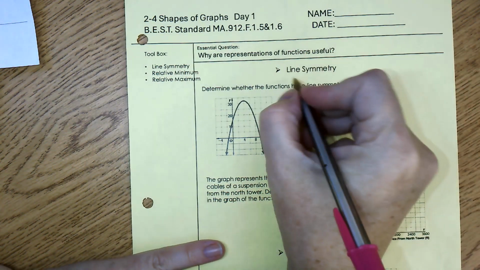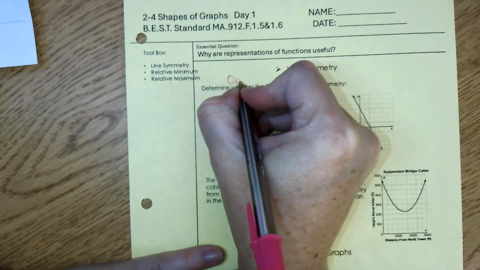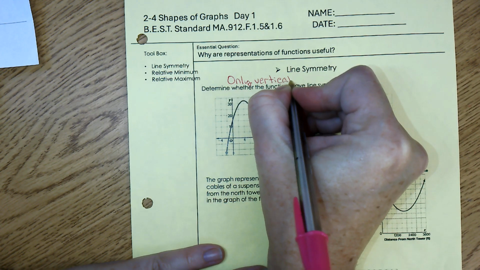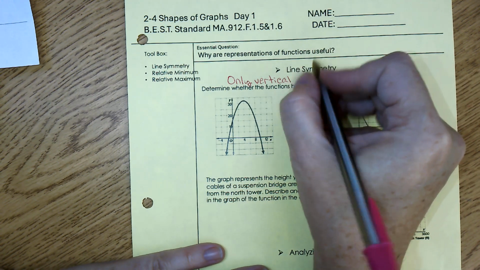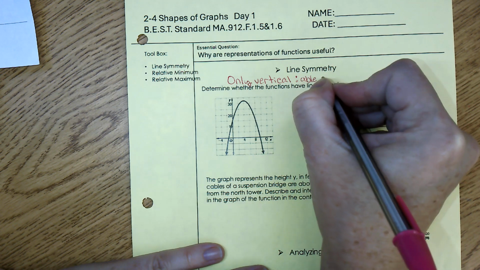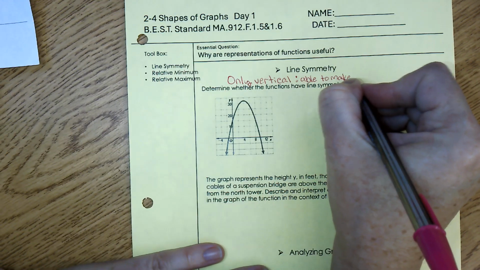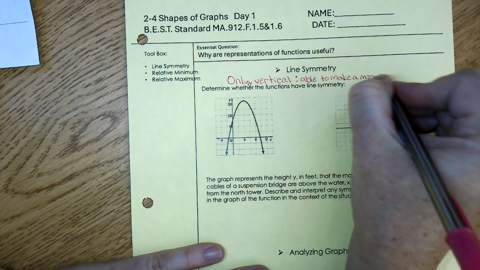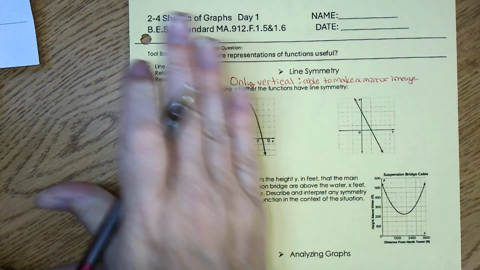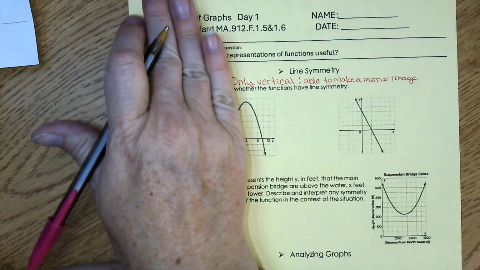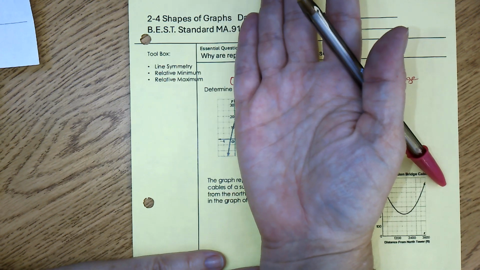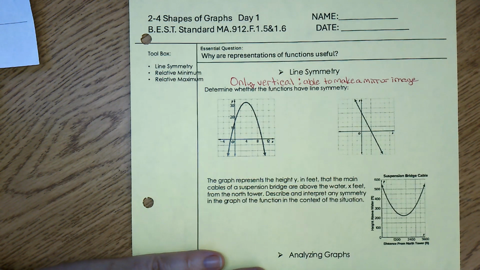Your line of symmetry can only be vertical, which means a line up and down, and that vertical line means you should be able to make a mirror image. You should be able to take your left side, fold it over at the line of symmetry, and your left side should lay perfectly on top of your right. Let's see how this works.